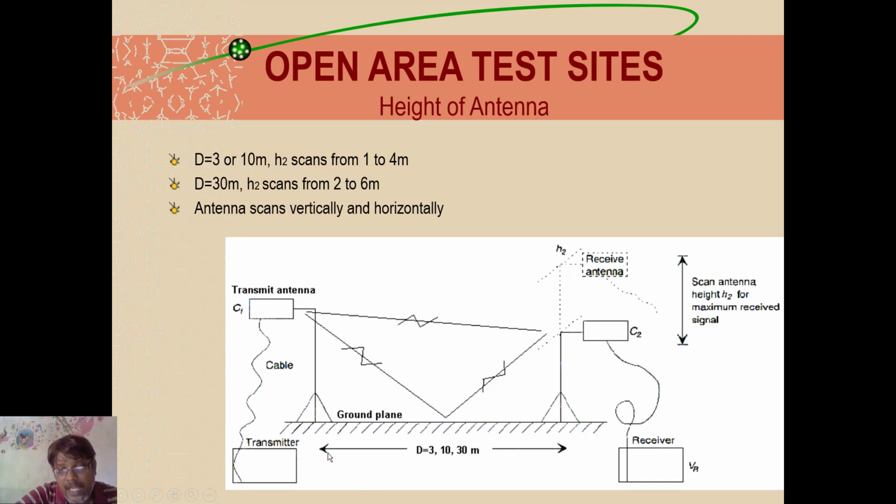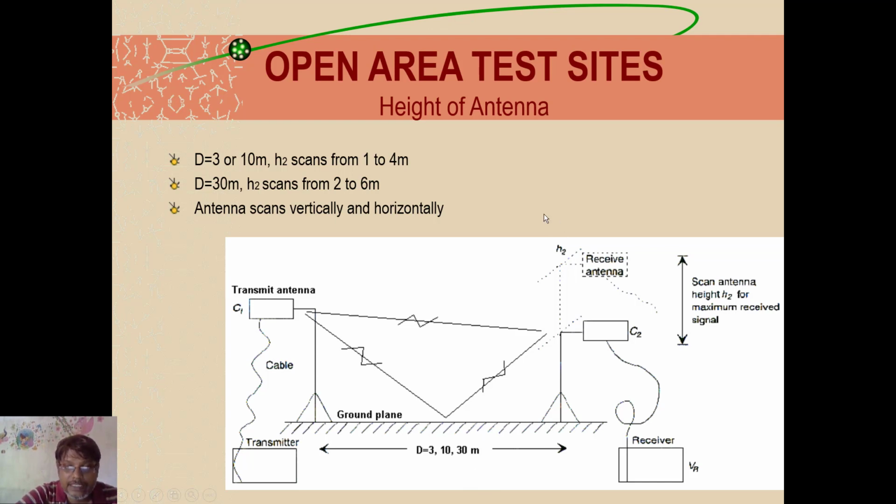You can have the distance between the equipment under test and the transmitting or receiving antenna of 3 meter, 10 meter, and 30 meter. If 3 meter or 10 meter, the height H2 scans from 1 to 4 meters. H2 is this receiving antenna, scanning from 1 to 4 meter. If you choose the 30 meter distance, then H2 scans from 2 to 6 meter.